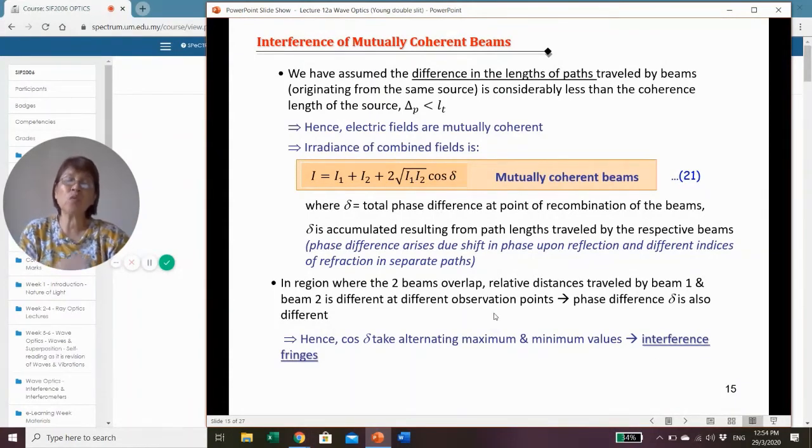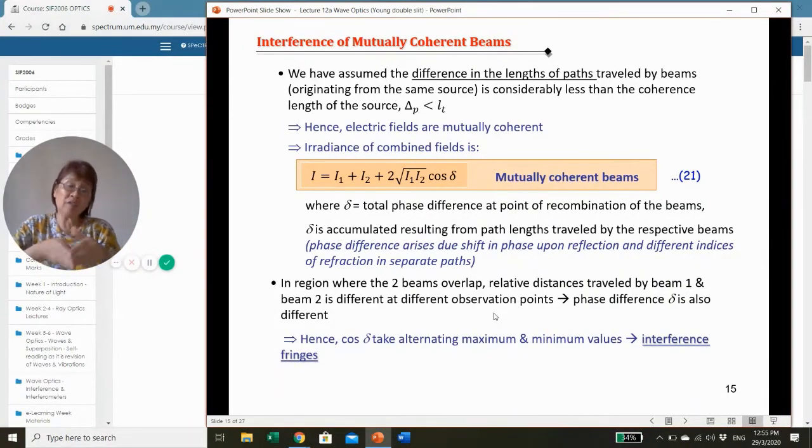So in the region where the two beams overlap, the relative distances traveled by beam 1 and beam 2 are different at different observation points. So the phase difference delta is also different. If you change P to P1 or P2, then you also would get a different phase.